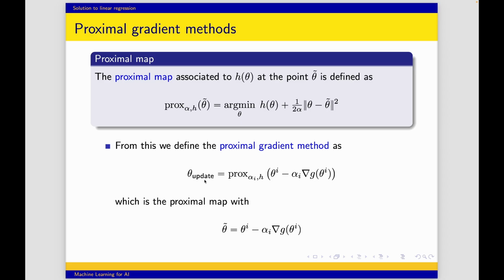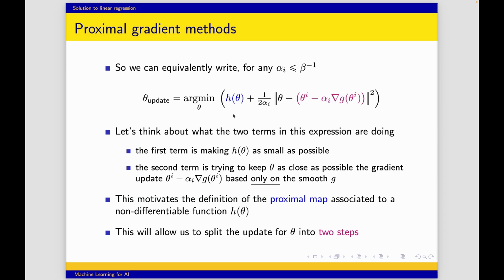So our update is just the proximal map, the way we have defined it, with parameter alpha I associated to the function h. This is what it was. So from the definition I've given of the proximal map associated to a function h with some parameter alpha, this is precisely prox alpha I, because we're using the value alpha I here.